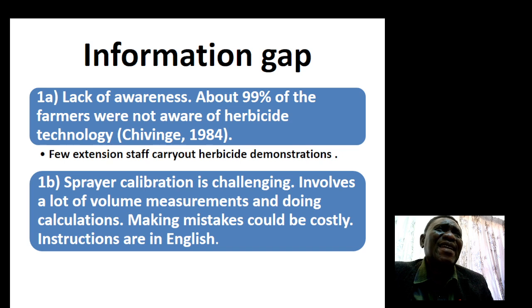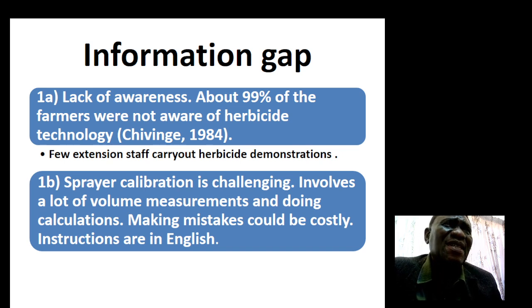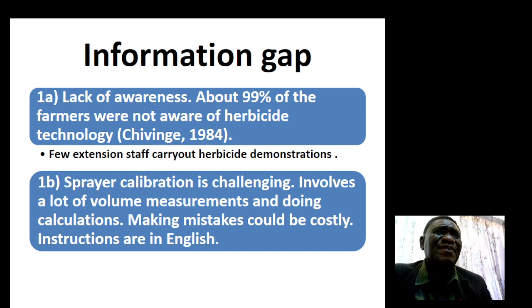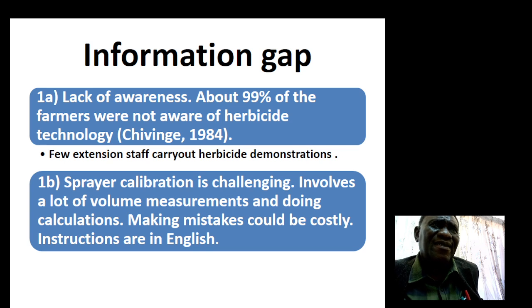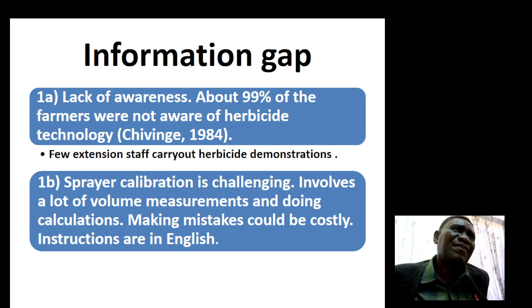There are also challenges with the sprayer calibration, which involves a lot of volume measurements and doing calculations. Making mistakes could be costly. The instructions are always in English, and probably farmers may need a different language.